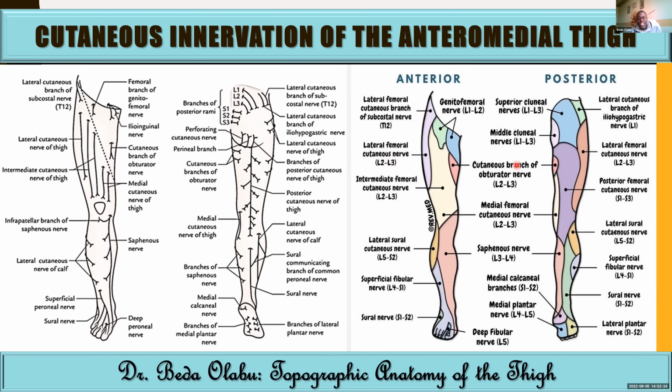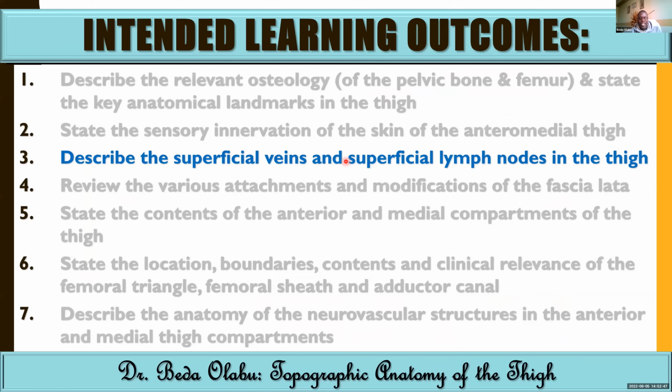This particular image doesn't exactly give you the pinpointed dermatome, because it gives a range based on the root values of the nerves of that region. I put that intentionally to guide you, but what we want you to know is the specific dermatomes of each region. Great, so that's the skin of the anterior and medial thigh, and how it is innervated by the cutaneous nerves.